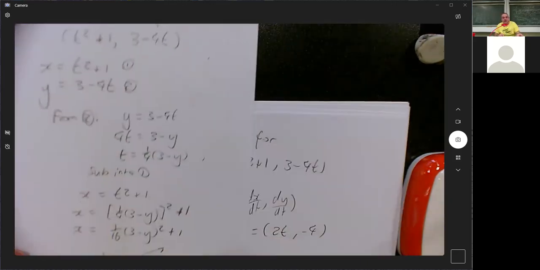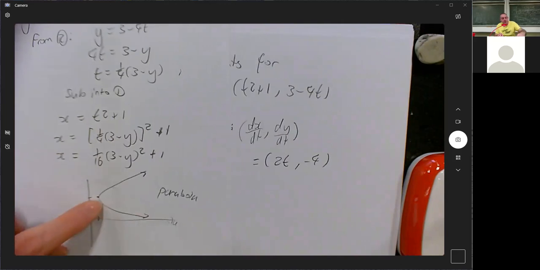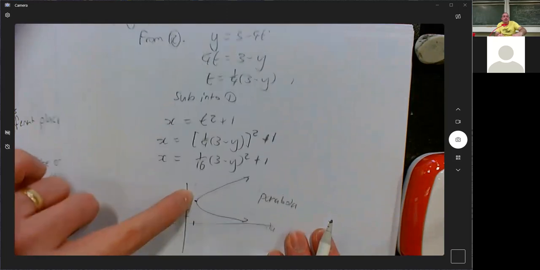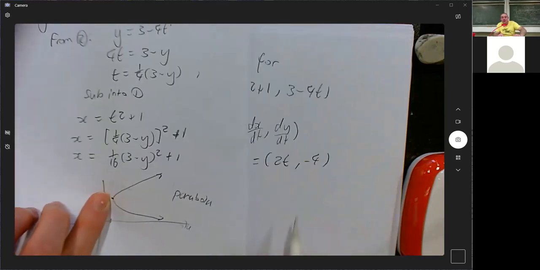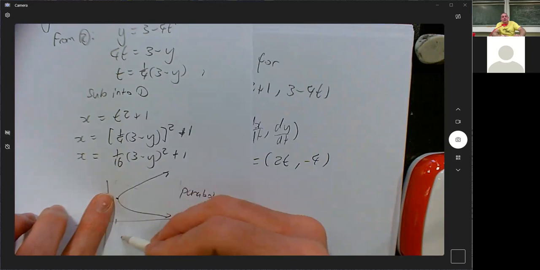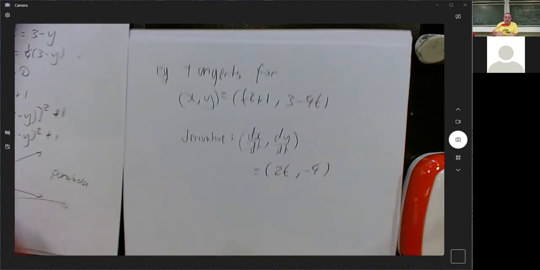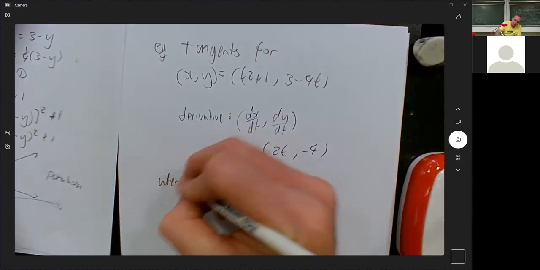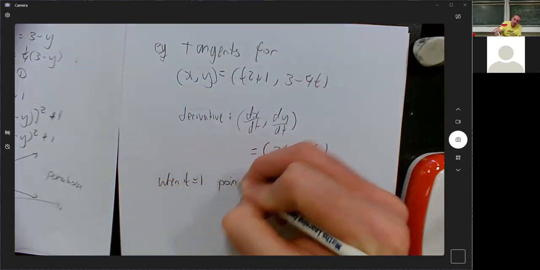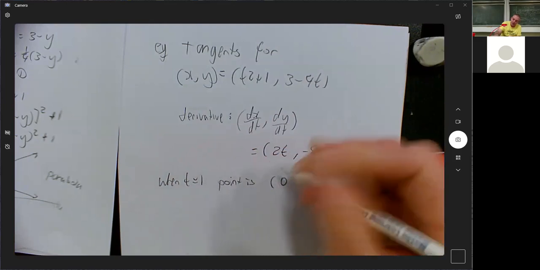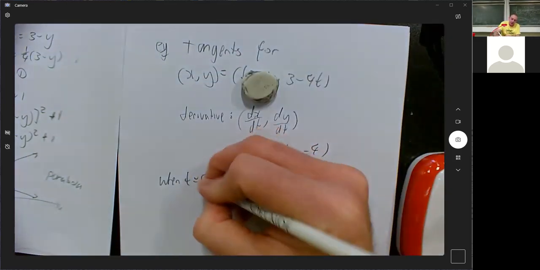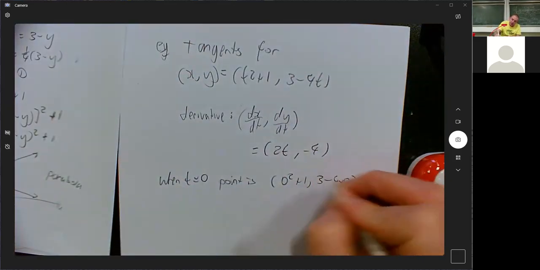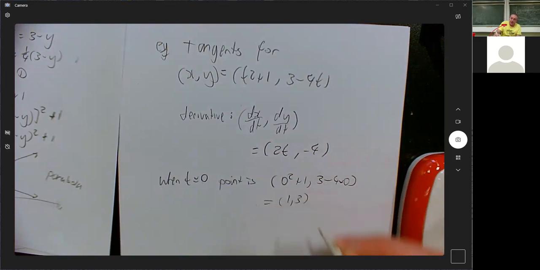So I can see here that must be t equals 0. When t is 0, I get the point 1, 3, which is this point here. And the direction that it's going when I'm facing that way is 0 minus 4, which is downwards. So it must be coming round here. So just as an example, when t equals 0, the point is 0 squared plus 1, 3 minus 4 times 0, which is 1, 3.